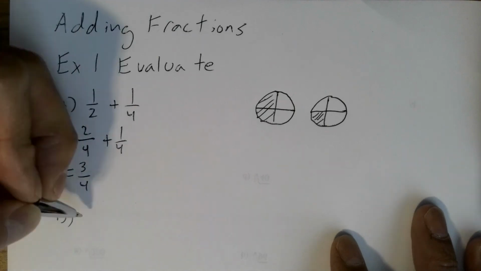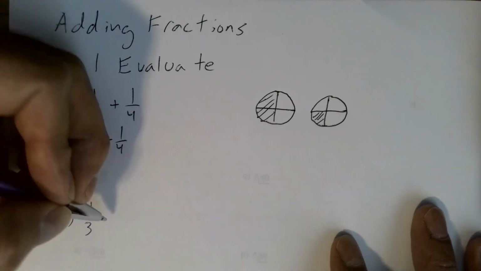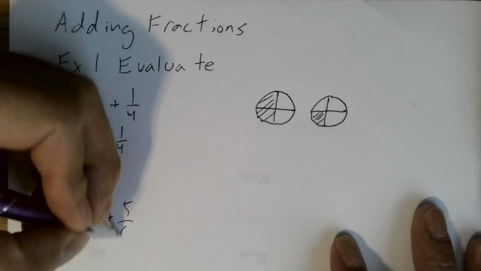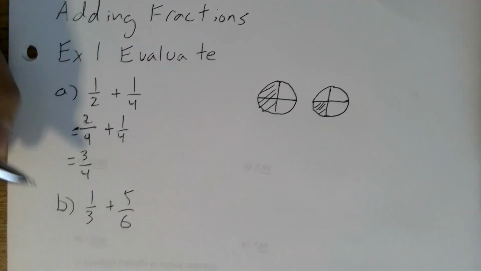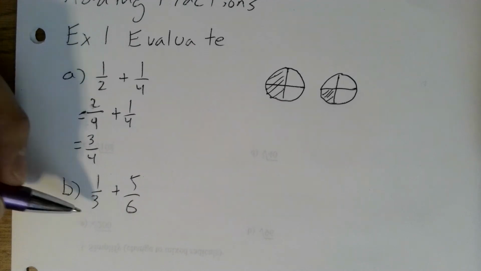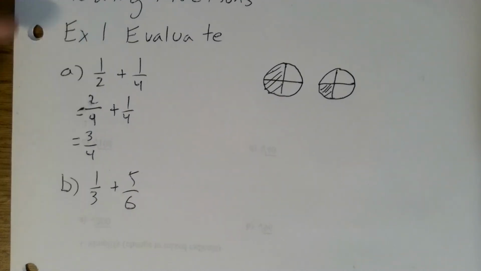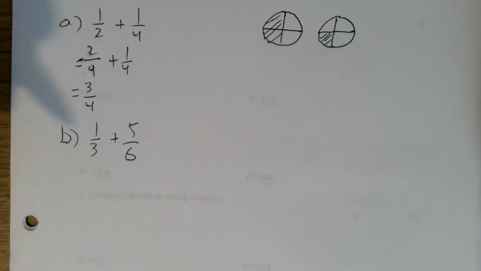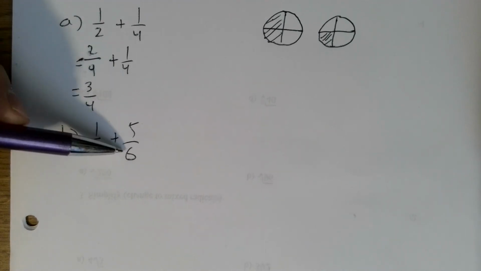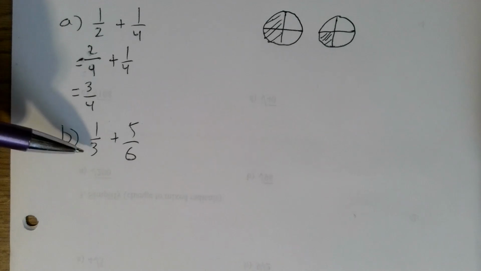B. We've got a third plus 5 over 6. And again, this is a grade 8 question. Everything's positive. And we want all the slices to be the same size. You probably remember that we can say we're getting a common denominator. In this case, our lowest common denominator is going to be 6.